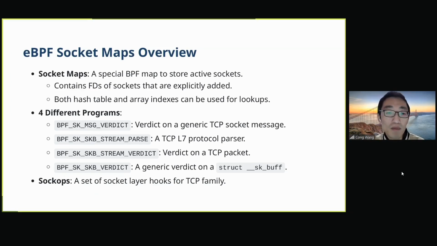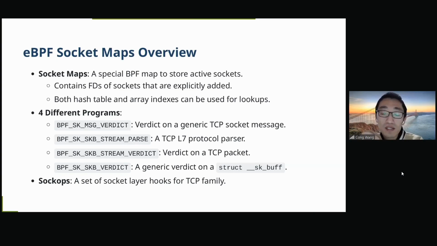The first one is what we usually call the message verdict. The message verdict is a verdict on the generic TCP socket message. So it operates on the message, but still on the TCP socket. It is kind of generic because it could also be used for kernel TLS as well.